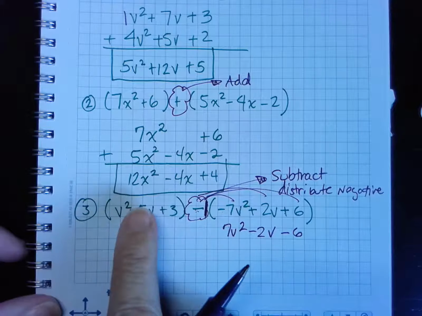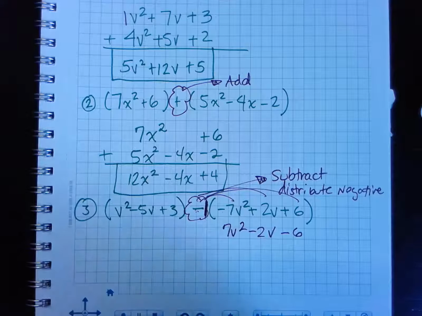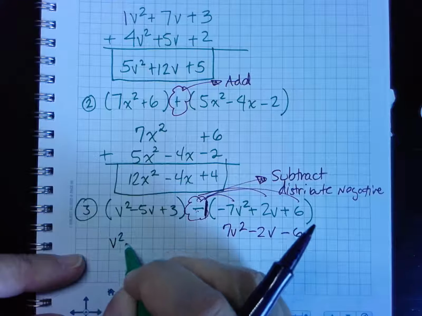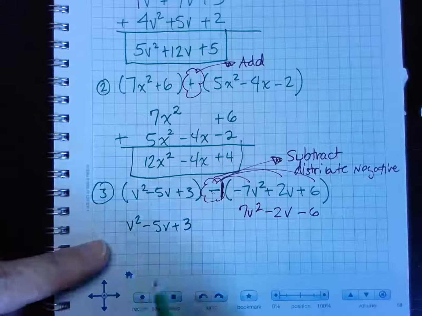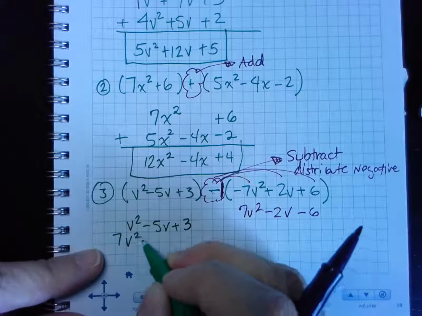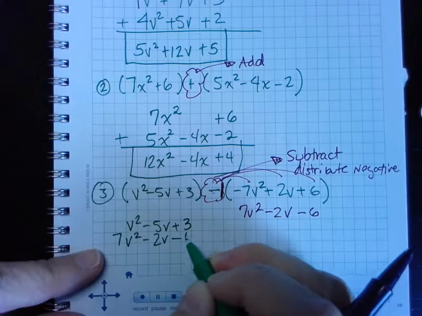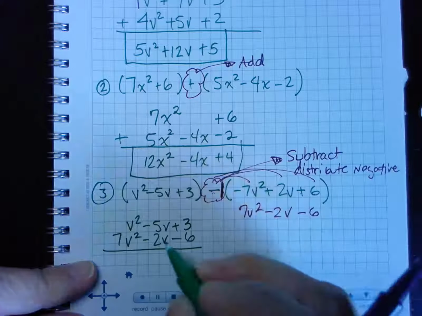So my next step is just to combine my like terms. So I'll line them up again. Okay, so here is my trinomial, v squared minus 5v plus 3. And then I'll line up my other trinomial, and I will combine them, which is adding.